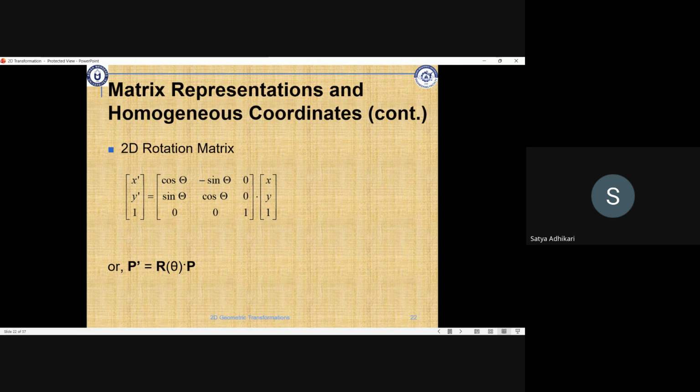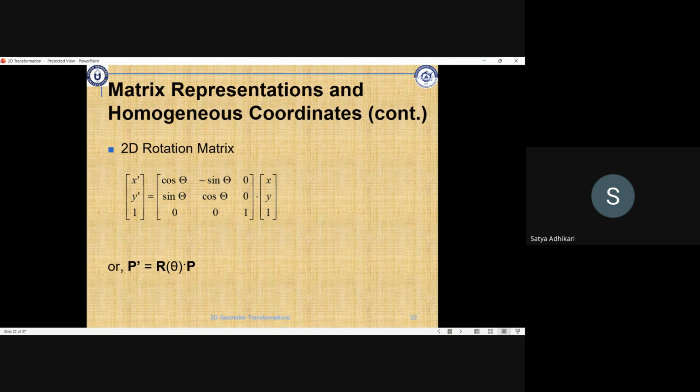So if we multiply these two matrices on the right side of the equation, you will get the same equation we have discussed earlier. So here you see P dash equal to R into P. Within brackets, theta means it is expressed in the angle theta. You may not write it here, you can write only P dash equal to R dot P.